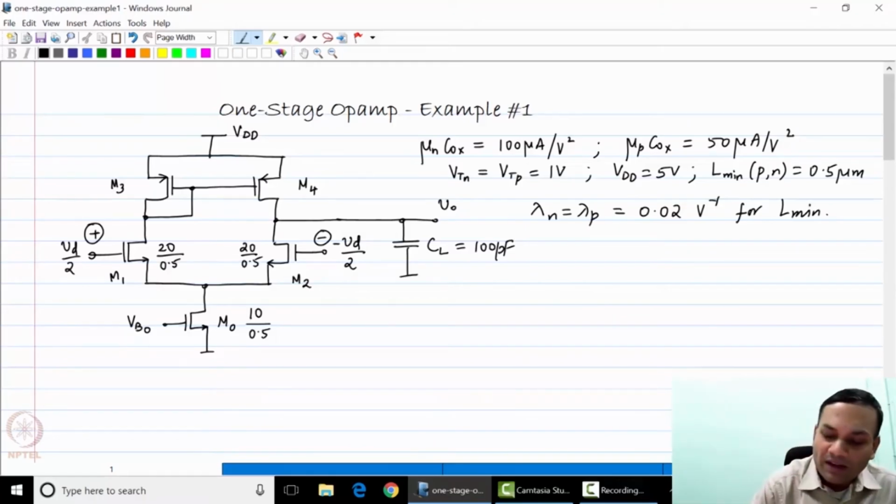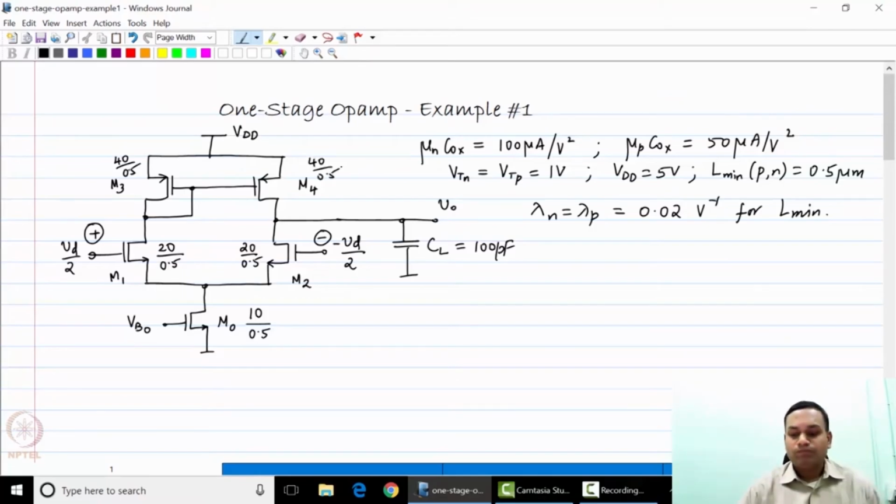M3 and M4 have a width over length of 40 over 0.5. And finally, let us say that VB0 is equal to 2 volts.